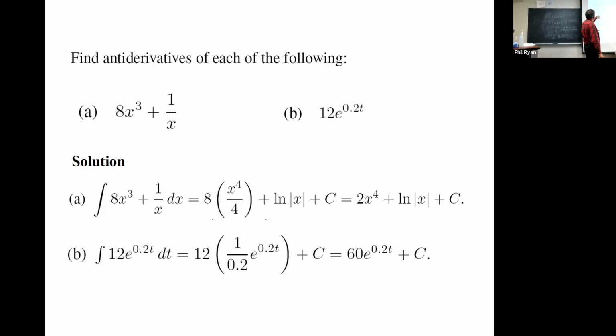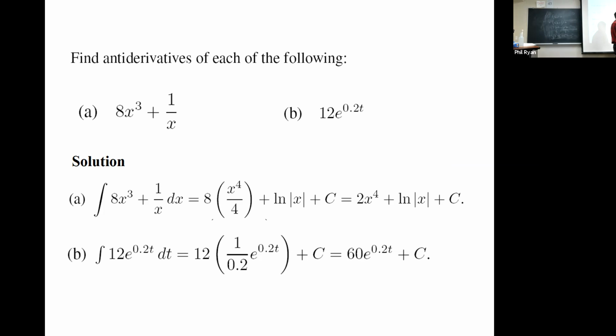Now the antiderivative of x cubed is x to the 4 over 4. We multiply that by 8, and that gets us 2x to the 4th. The antiderivative of 1 on x is ln of x, and that's just added to that. So we get 2x to the 4th plus ln of x. And then at the end, we just add in the plus c.